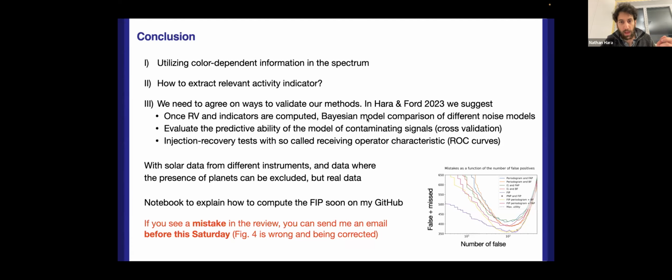Trying to determine how the different colors, what are the groups of lines corresponding to certain frequencies which move together or not, is something that we need to explore.